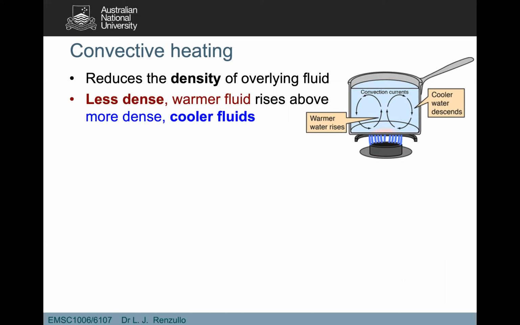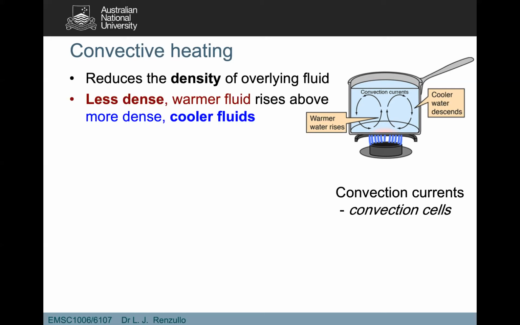The fluid immediately in contact with the heating source becomes less dense. Now we all know from last week's work that less dense fluids will rise above more dense fluids. So less dense, warmer fluids rise above more dense, cooler fluids.